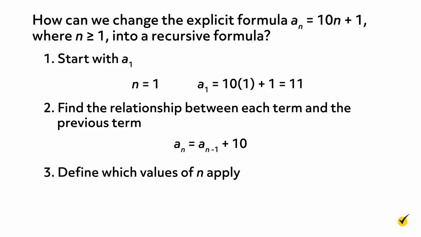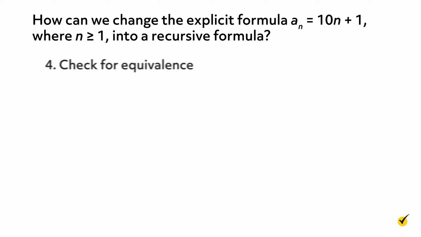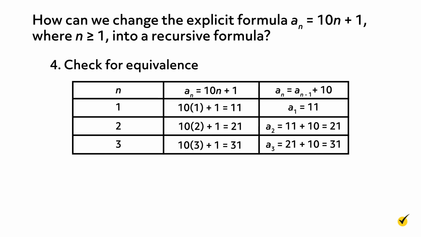Now, which values of n does this formula work for? We said that the first term is a sub 1 equals 11, where n equals 1. So the recursive nature of the formula will kick in at the next term and work for n is greater than or equal to 2. Let's check that the first few terms are equivalent to the explicit formula we started with. For n equals 1, we know that 10 times 1 plus 1 equals 11.